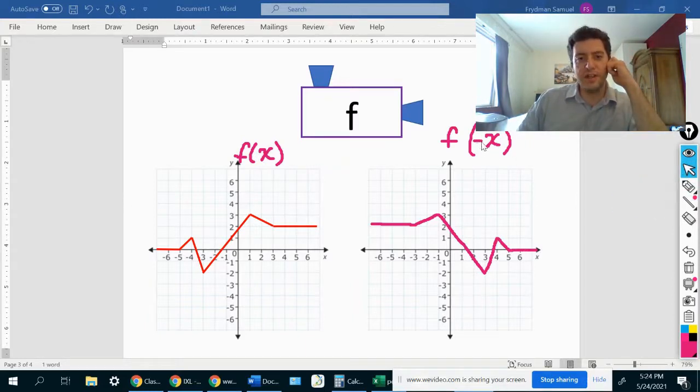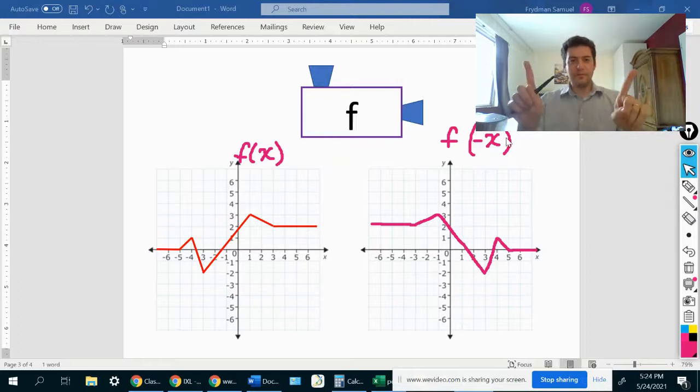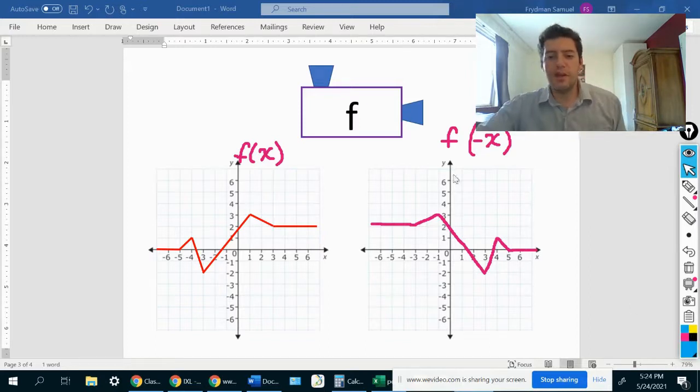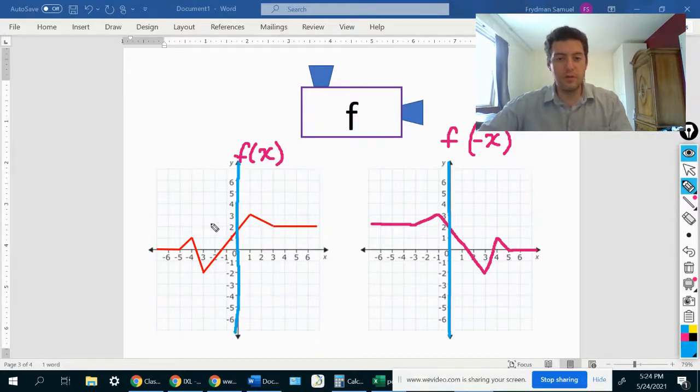So if we see the negative on the inside, then it would flip everything horizontally, and that would be a reflection over the y-axis. Here's where we started, so this would go over to here, and this would go over to here.